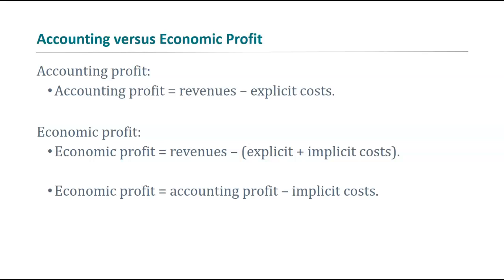You could be totally above the zero line when it comes to your discussions with your accountant, but an economist may say, sure, your business made money, but you could have done better if you had chosen instead to stay at Burger King, right? So the economic profit is always going to be less than the accounting profit.